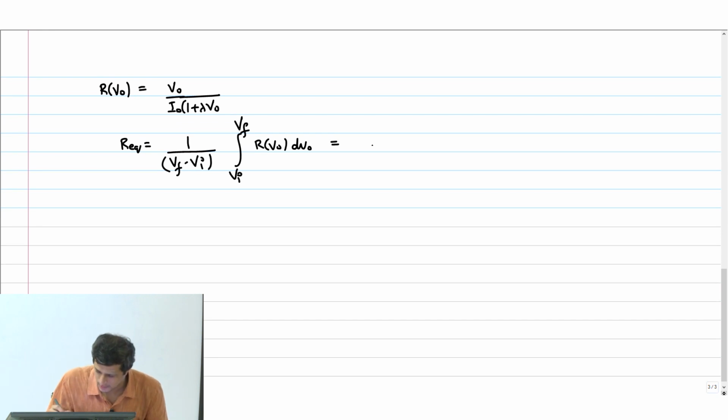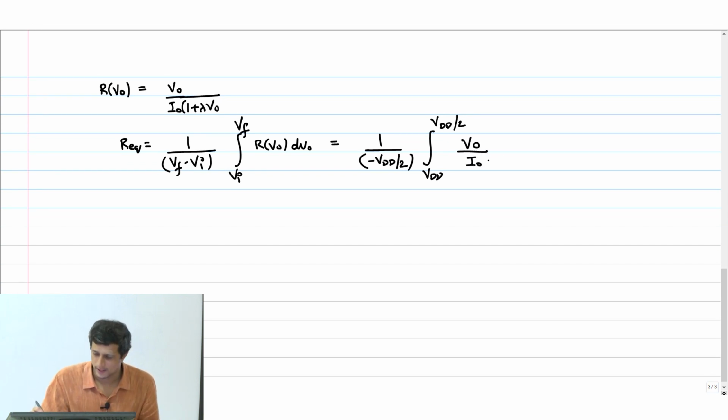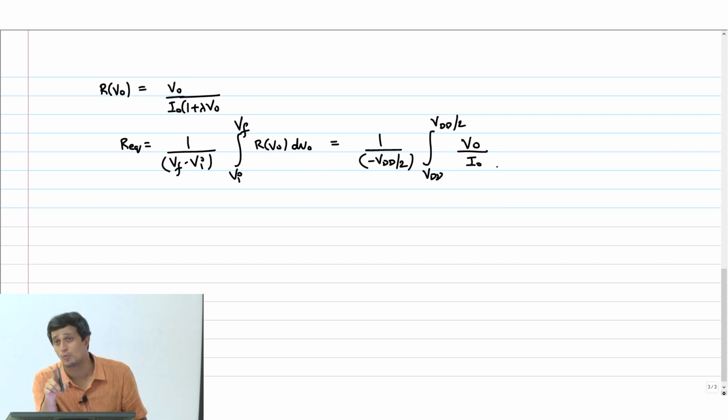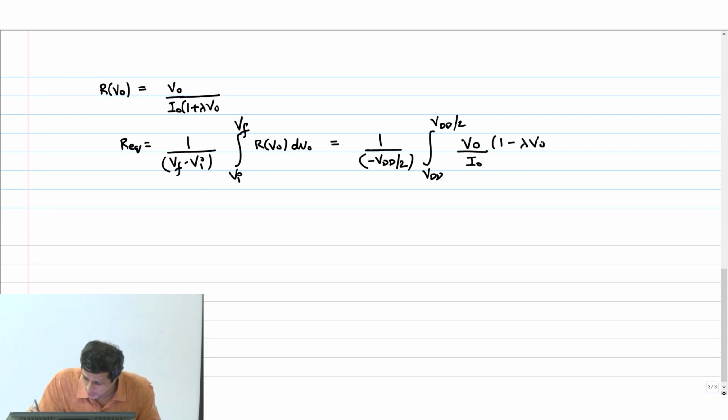Okay, so this I will now write as minus 2 over VDD, because VF is VDD by 2 and VI is VDD, and so I'm going to write this as the integral from VDD to VDD by 2 of V0 by I0, right? That 1 by 1 plus lambda V0 I'm going to write as a Taylor series because lambda is very small. I can expand this approximately as 1 minus lambda V0, dV0.